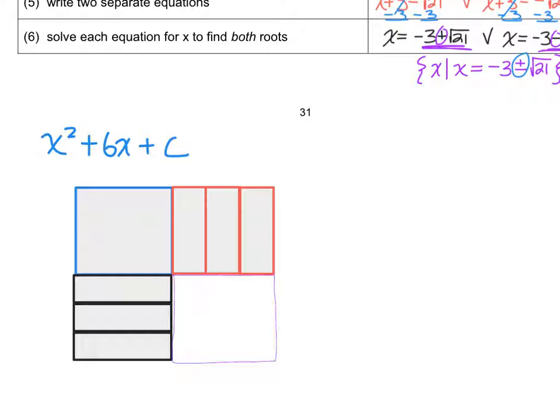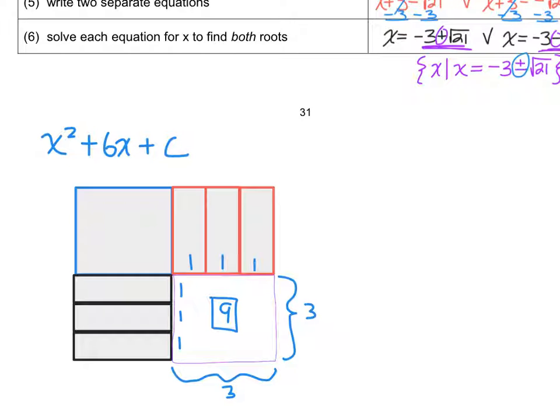Right? So if that's the case, what are we really doing? We're taking these three dimensions and multiplying it by these three dimensions. So we have a total of 3 by 3, which would give us a 9.